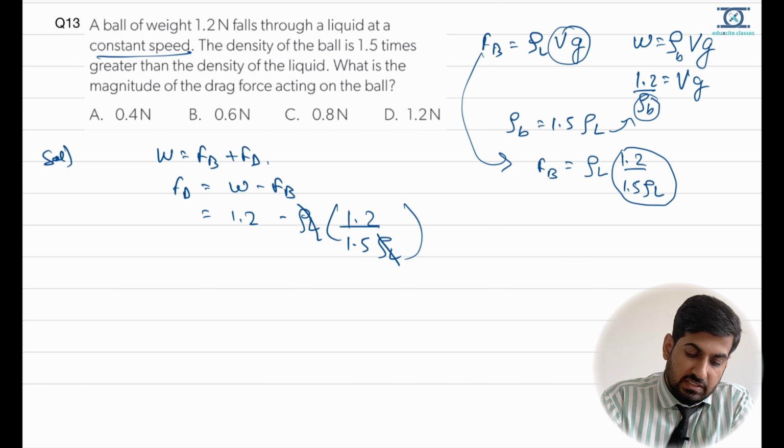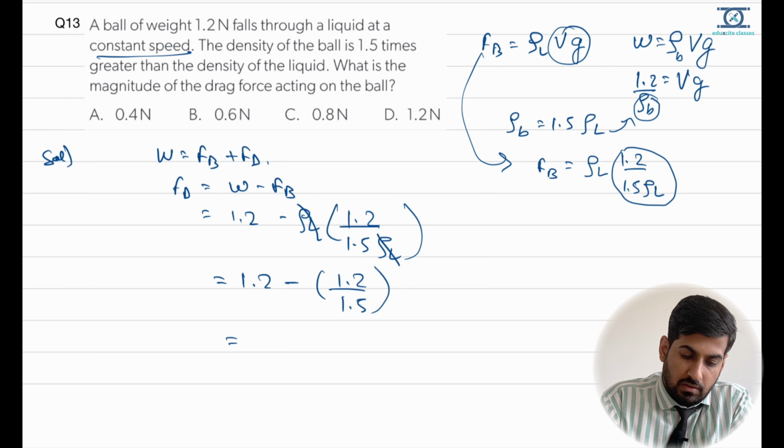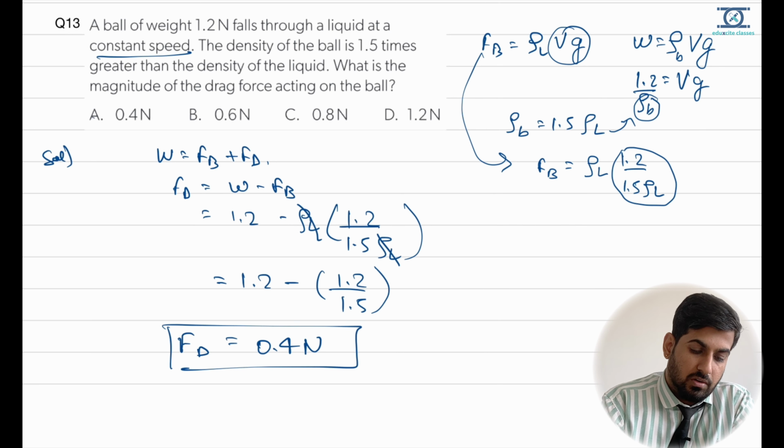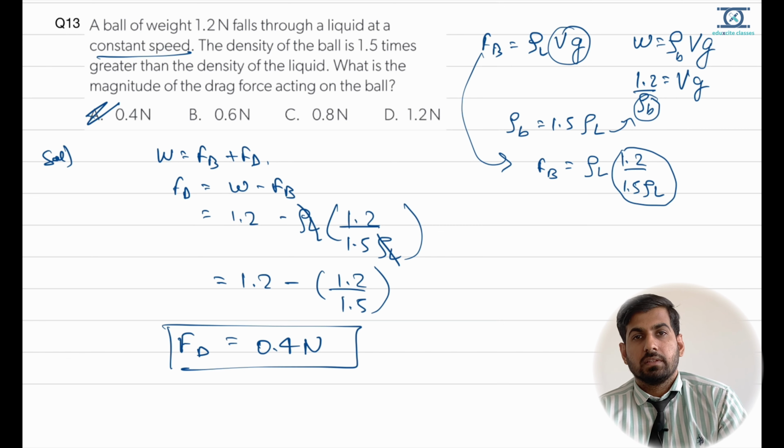So this and this get cancelled. So this is 1.2 minus 1.2 over 1.5. If you solve this, I have already done the calculation, you will get 0.4 Newton. So the drag force is 0.4 Newton. Option A is the right answer.